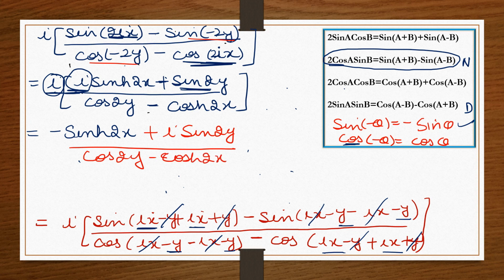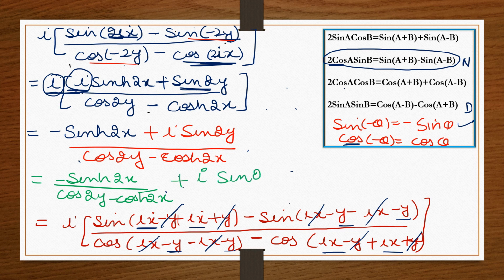Now if I ask you what is the real part, just separate this. This is equal to minus sinh 2x over cos 2y minus cosh 2x, and plus ι sin 2y over cos 2y minus cosh 2x, right?